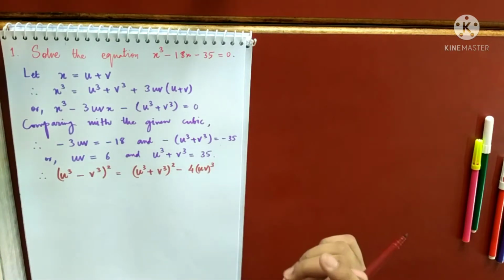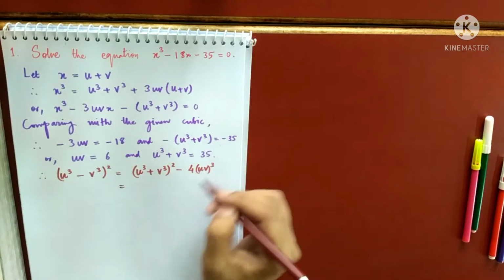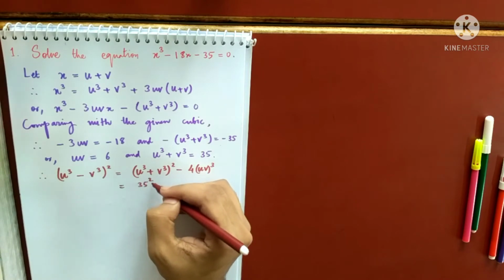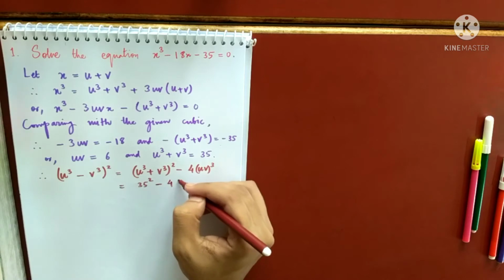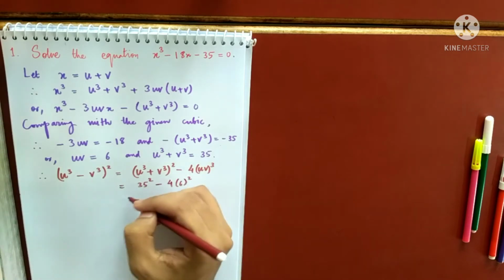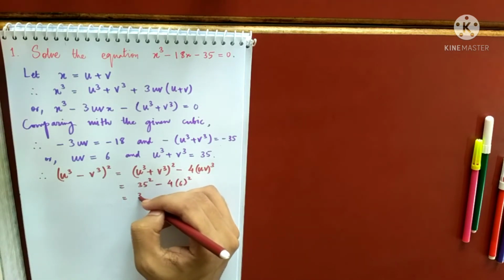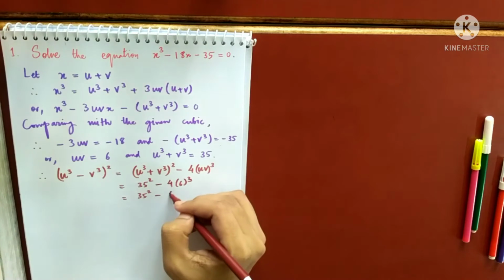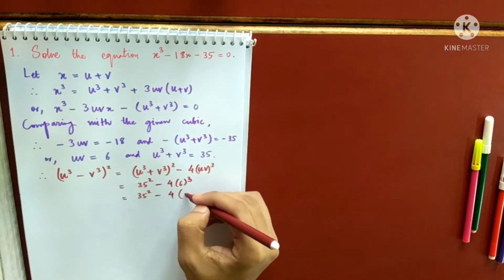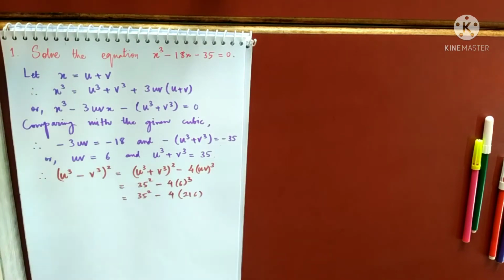So u cube v cube is uv whole cube. So this will become 35 square minus 4 into 6 cube. 6 cube is 216, I guess.